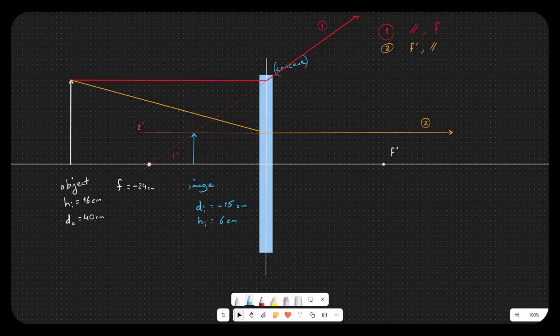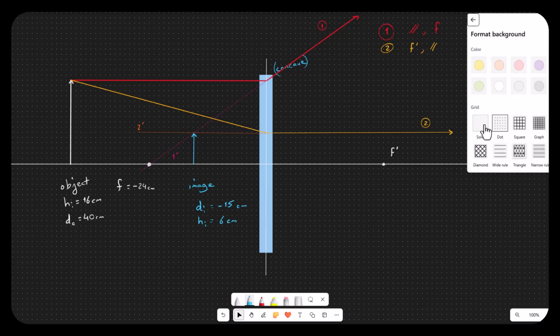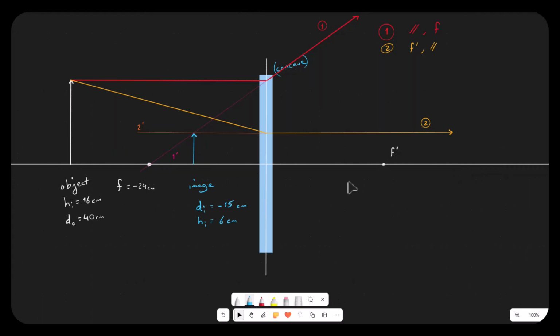Now I'm going to get rid of this background and take a good look at this. My image formed is virtual. It is upright. And it's reduced.